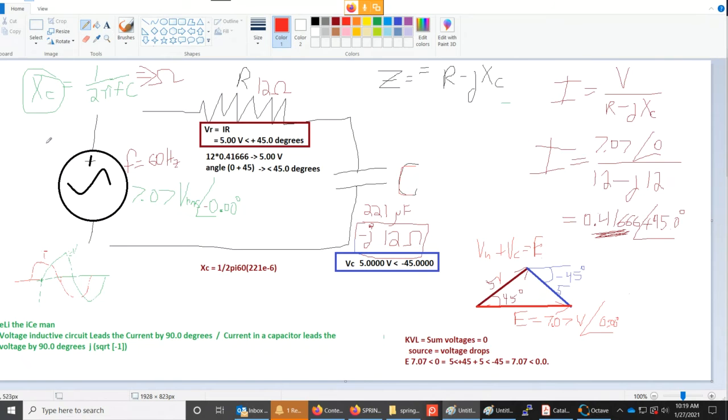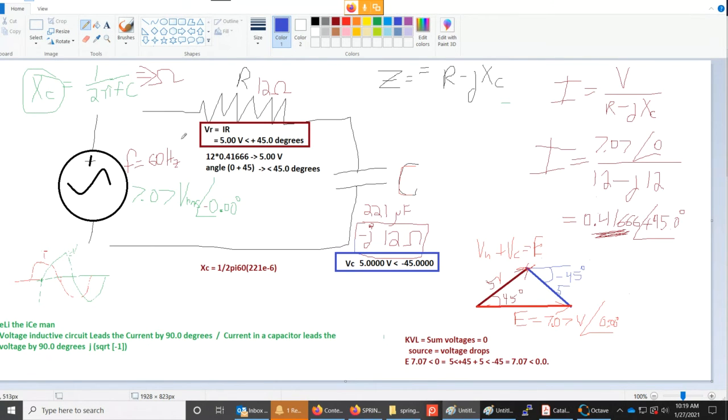But we're going up in this direction, and then when we get to this point, we add VC, but VC is going down in this direction. When you go up and then you go down, you're not going to end up at 10, you're only ending up at 7.07. And that's why we need trigonometry for this class.